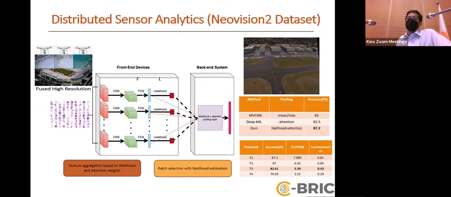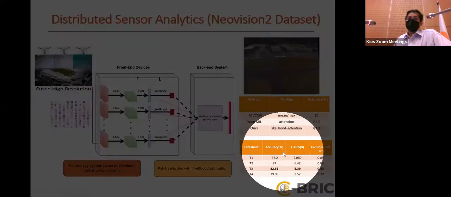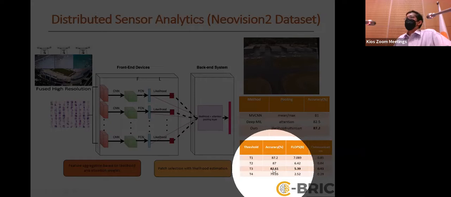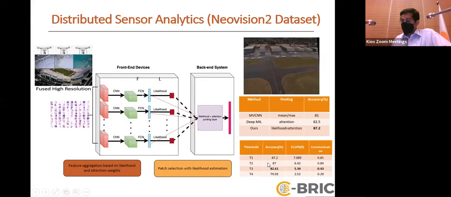And of course, playing around with the threshold, you can play around with the desired accuracy and the amount of communication and amount of computation that needs to be done on the server. So that's the trade-off out here.